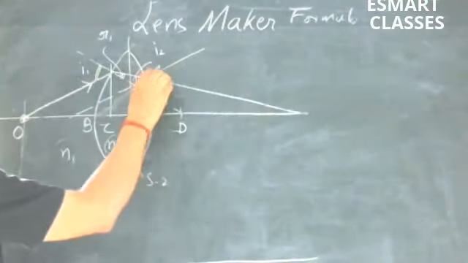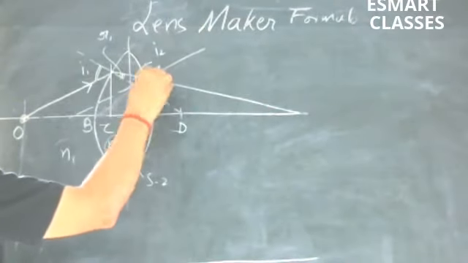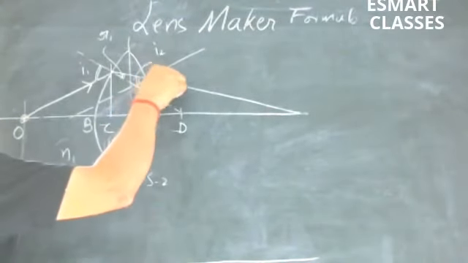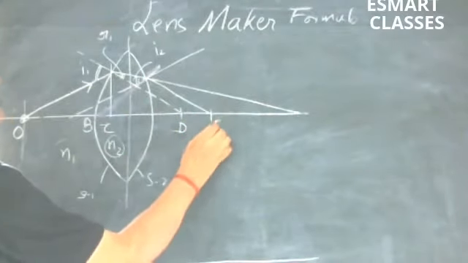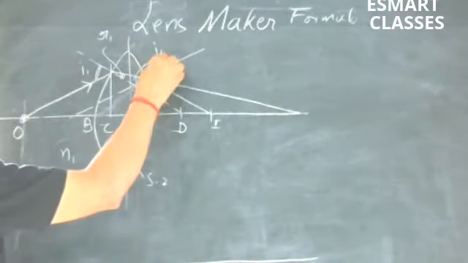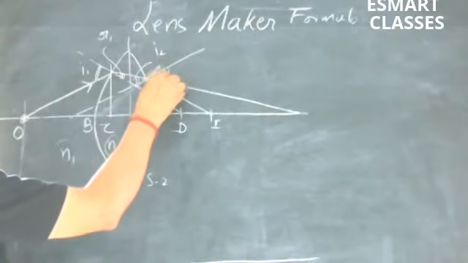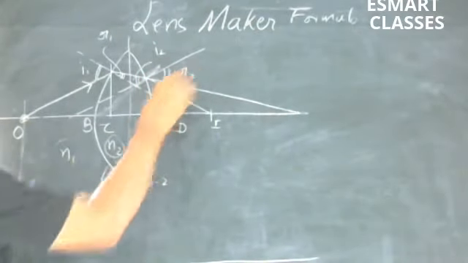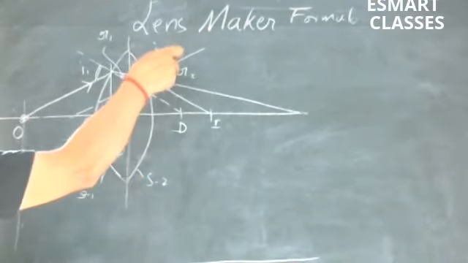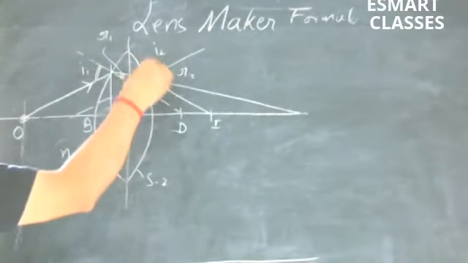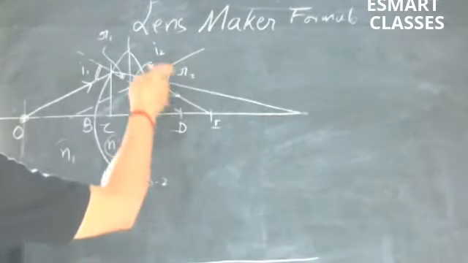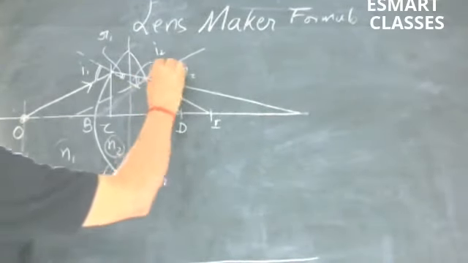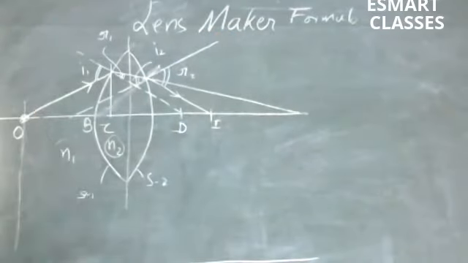This is the path of the ray after first refraction, and this is the path of the ray which forms the image. Let this be point I, and since this is the normal, this is angle R2. Many times we make a mistake here, but we have to draw this as R2 because this is the refracted ray, and this is the normal.